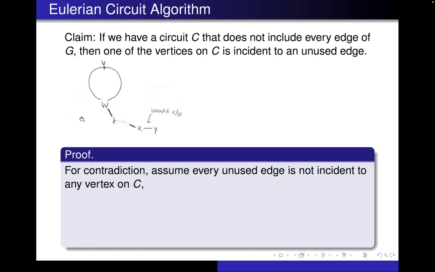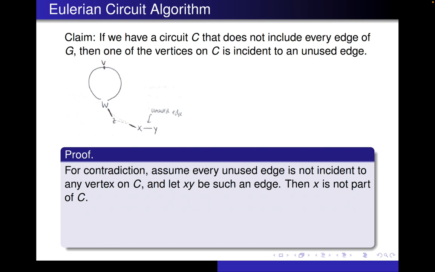All right, so for contradiction, we have to assume that every unused edge in our graph is not incident to any vertex on that circuit C. And let xy be such an edge. Well, let's see. If that is the case, then certainly x cannot be part of C. If it is, then we have an edge that is incident to a vertex on the circuit C, to a vertex that is not, right?